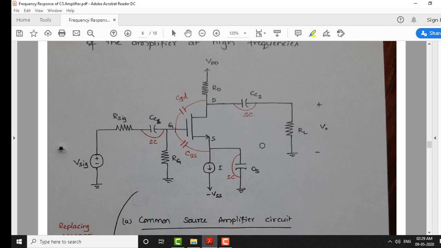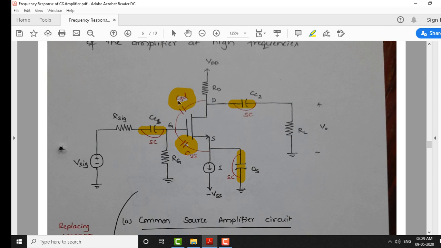As we already told, at high frequencies, the coupling capacitor will act like a short circuit. All three capacitances will behave like a short circuit. However, these capacitances here become a short circuit, so this becomes major at high frequencies.